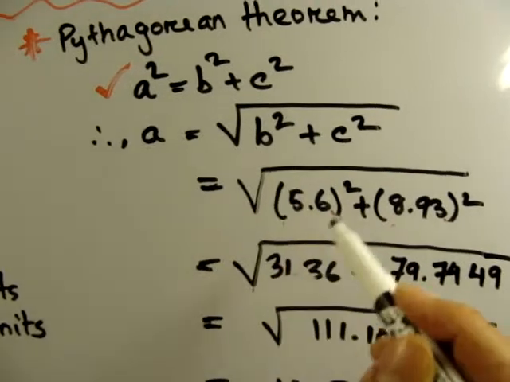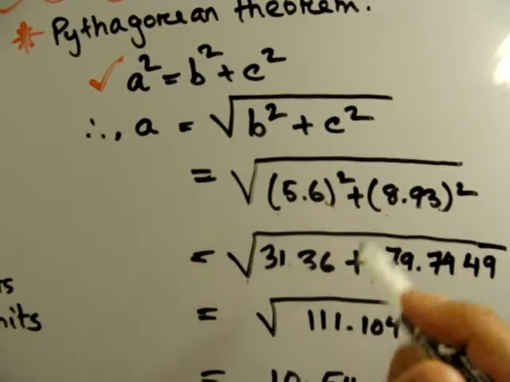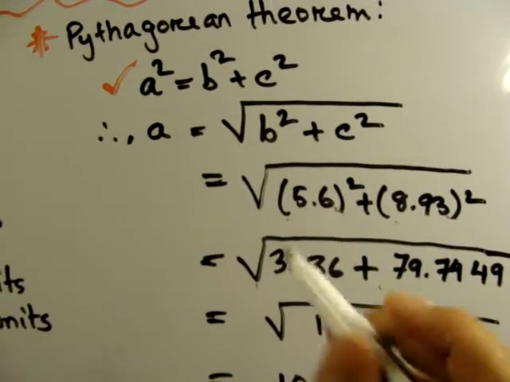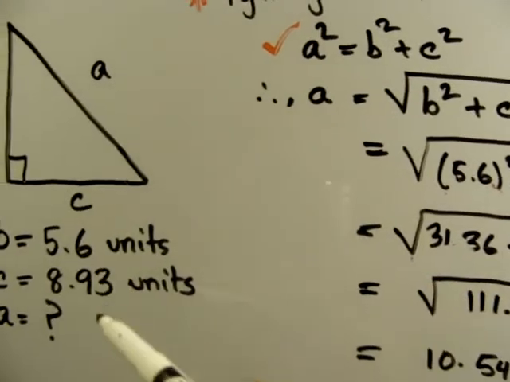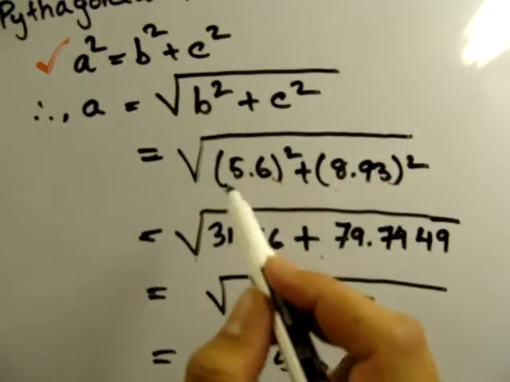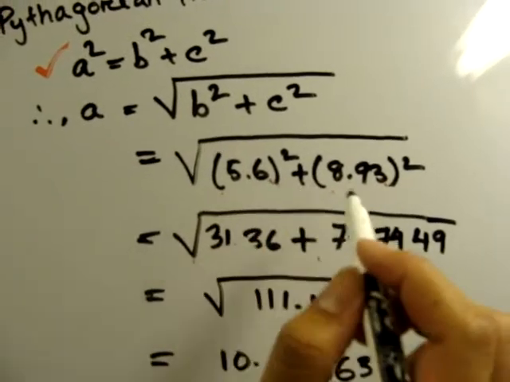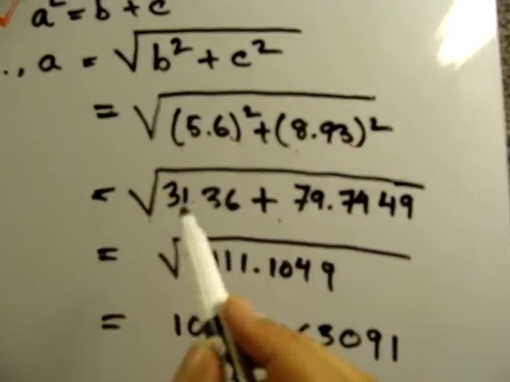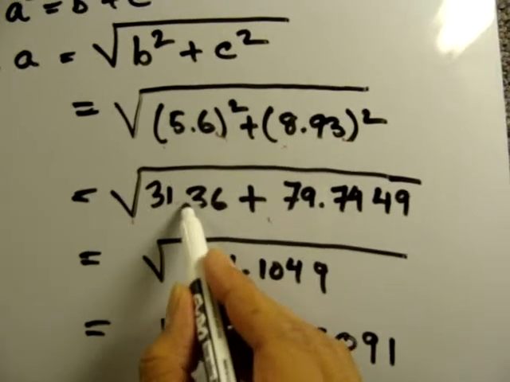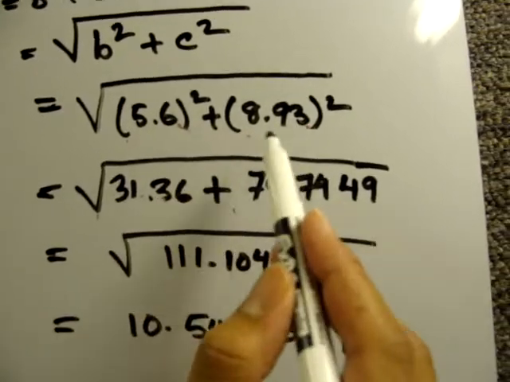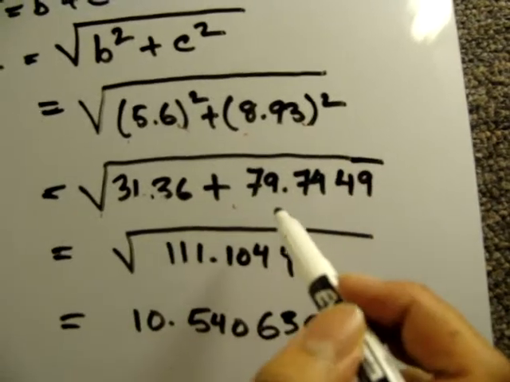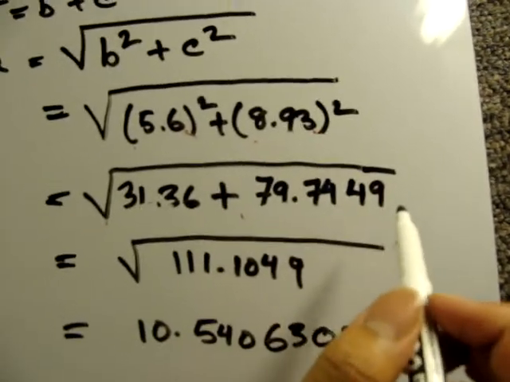And now the easiest way to solve it is just to go ahead and do the math first and then worry about significant digits. So B, from here, is 5.6 and C is 8.93, so I plug those values in. 5.6 squared gives me 31.36, and 8.93 squared becomes 79.7449.